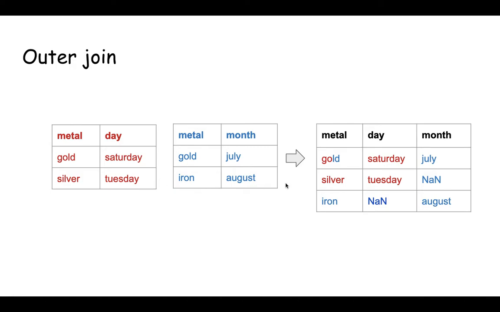So for instance, when we do an outer join on these two tables, we match gold with gold and we bring the value from the day column and the month column and put it here. So we have gold, and the reason why it's color coded red and blue is because it's common to both.